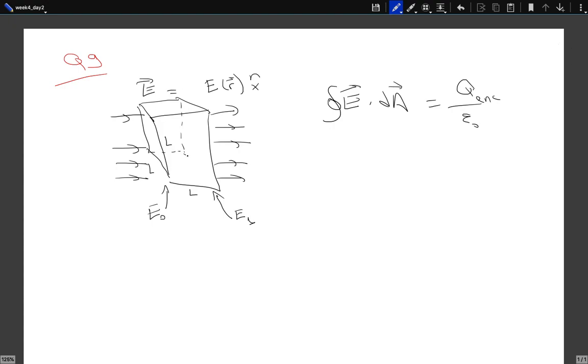Now let me also show the other sides of the cube. The cube has basically 6 sides. So this integral, I can divide it into 6 different parts. If you remember what an integral is, you basically divide your area into various pieces.